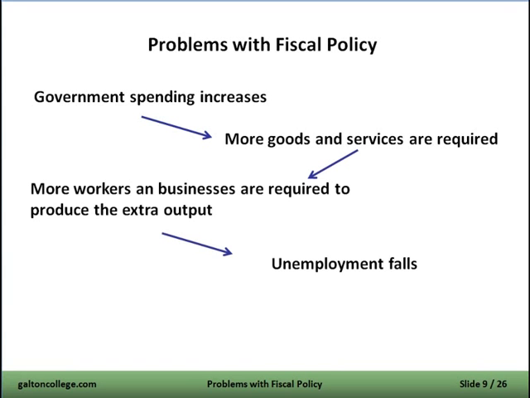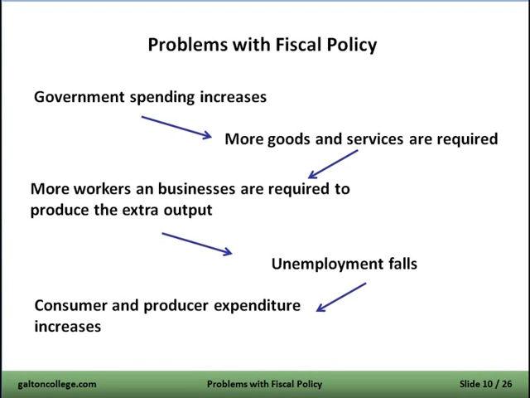And since more workers are required and unemployment is falling, then consumers' and producers' expenditure increases because more people are working. More people are working, more income in the economy.